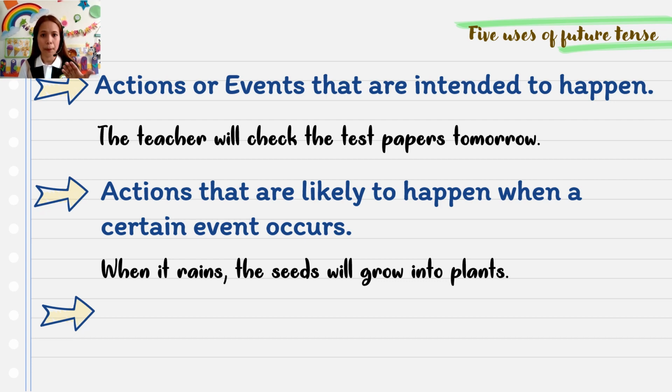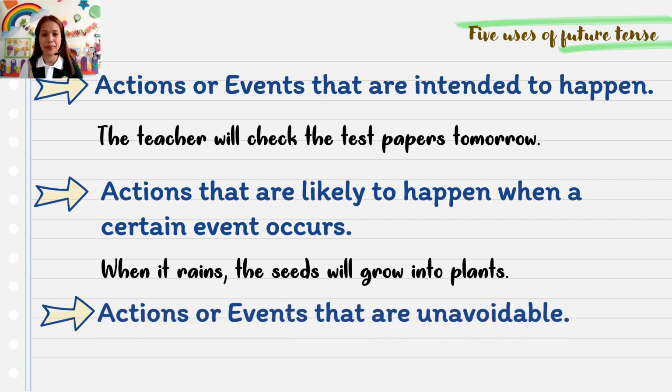So it's like a cause and effect, all right? Why the seeds grows into plants? Because when it rains, right, the seeds will grow into plants. The cause is it rains, so the effect, the seeds will grow. Understand? Okay, remember there are two actions in one sentence. Okay, it rains and it will grow.